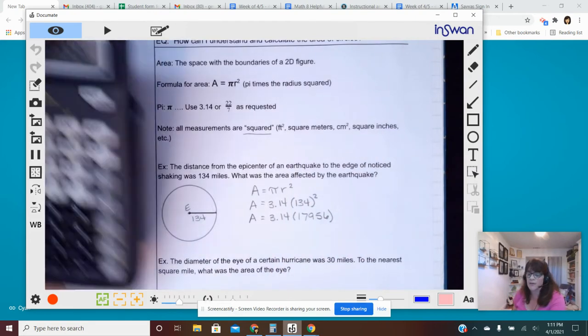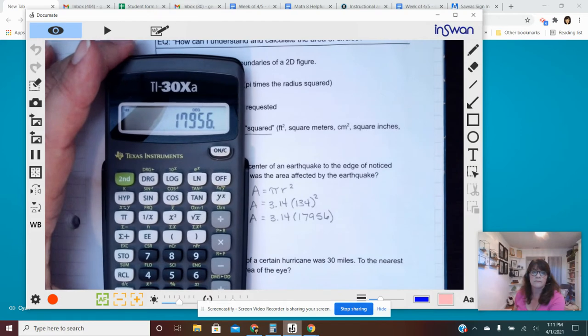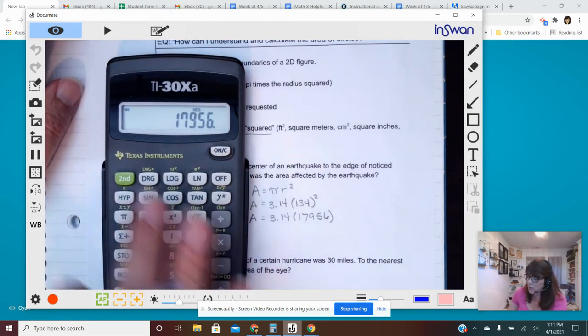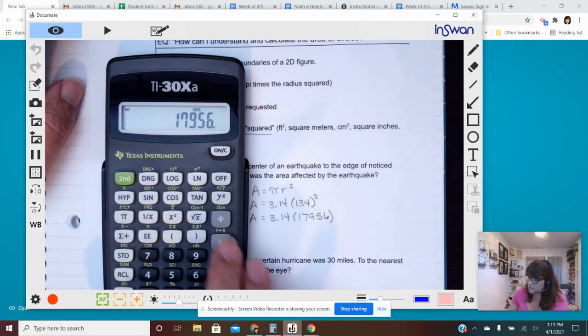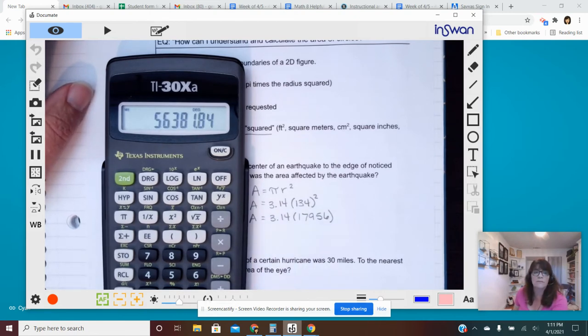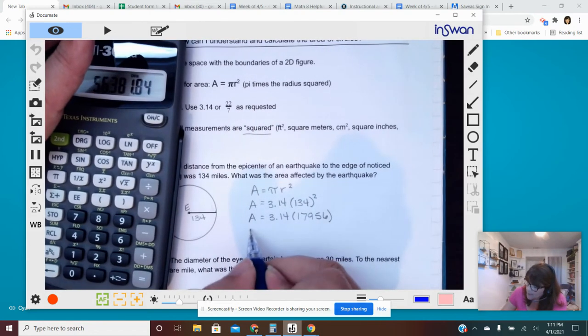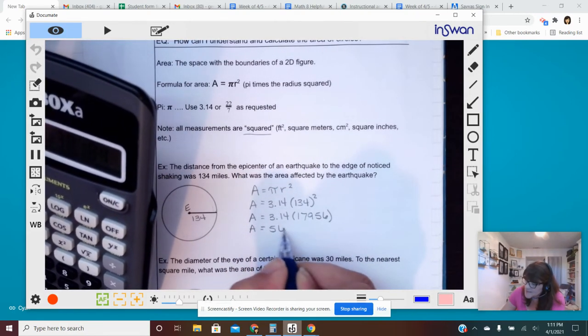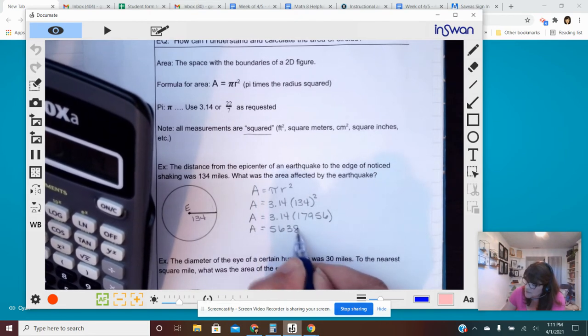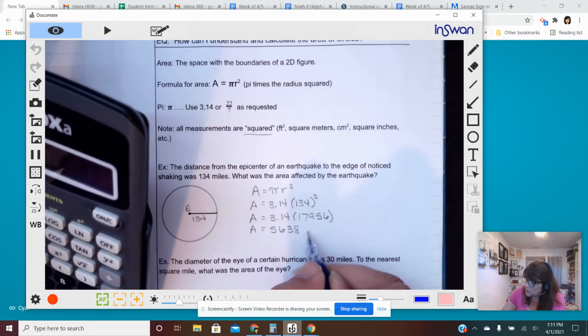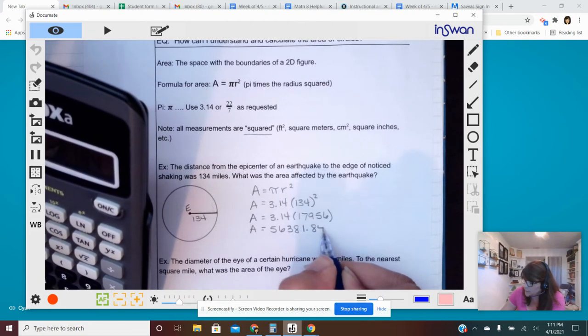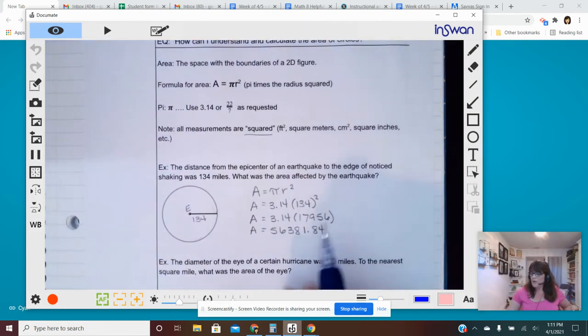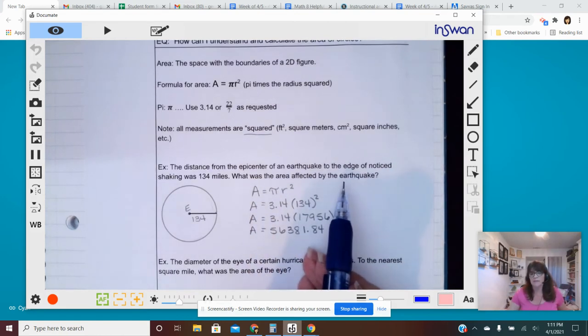Now, if you did not already know this, here's a new thing to learn today. Once that number's sitting in your calculator, just hit times, 3.14, equals, and there you go. Area equals 56381.84, and notice I'm not rounding this value yet. All they asked for was the area.